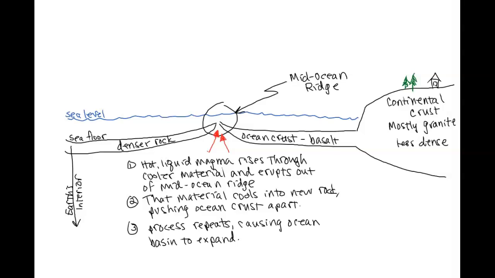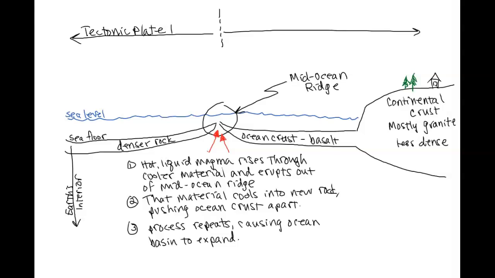All right, so let's be clear that this is a boundary between two tectonic plates. So we can label them up here just to be clear about where the boundary is. So we have plate 1 and plate 2.